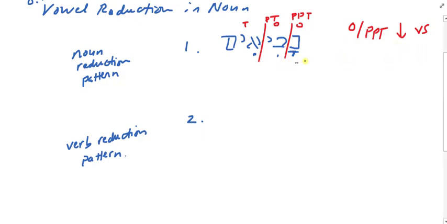Kametz is not an unchangeable vowel, though, is it? So it can reduce. So when I add the eem, guess what it's going to become? It's going to become a vocal shava. So it becomes n-v-eem. Now, once all that change happens, if I were asking you to divide the syllables, would I put a dividing line next to that vocal shava?